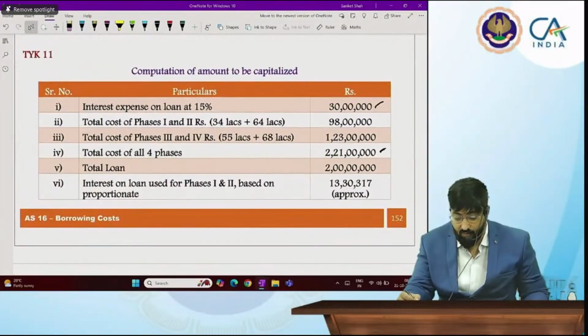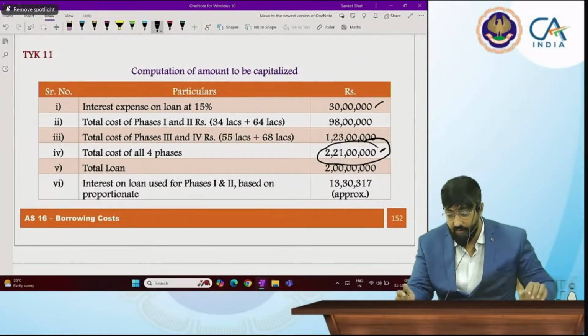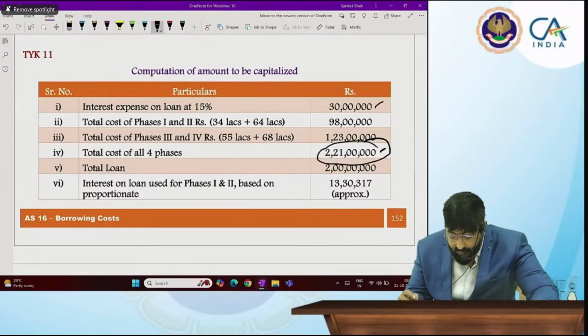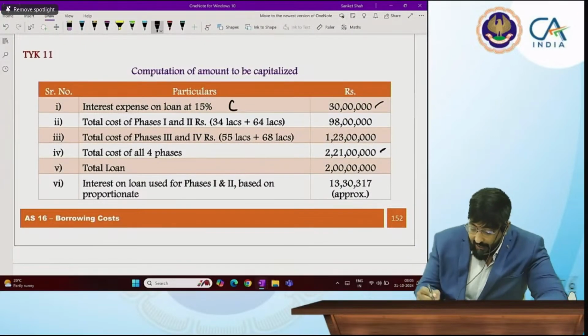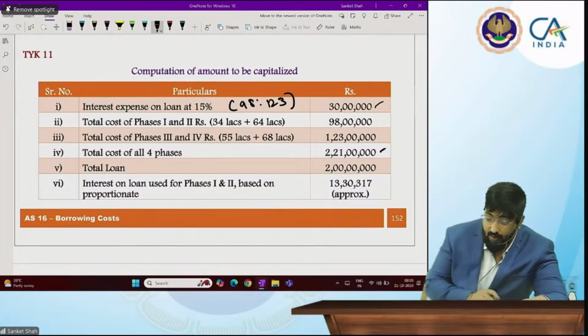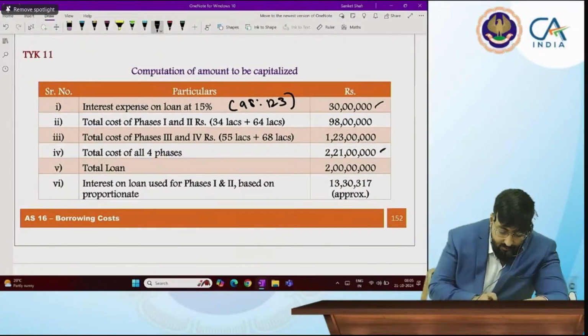Now if I divide this interest of 30 lakhs, in which ratio am I going to divide it? Phase 1 and phase 2 is 98, and 123 is phase 3 and phase 4. So take on the calculator, 30 lakhs divided by 221 into 98 is equal to.